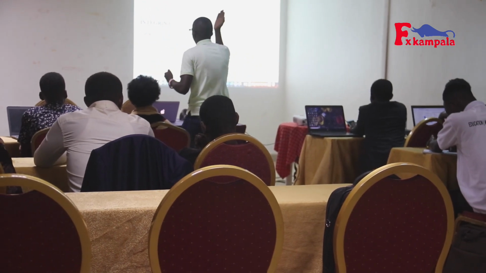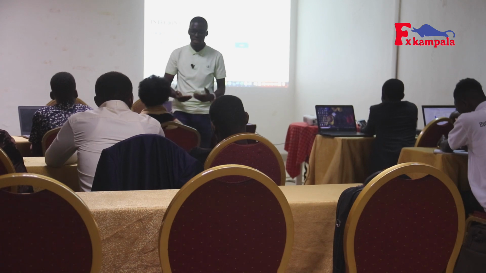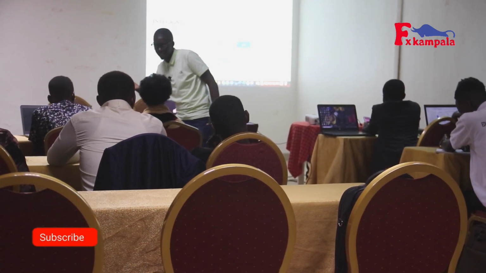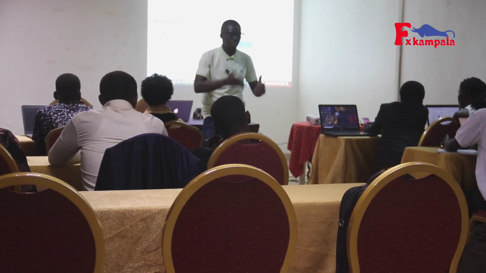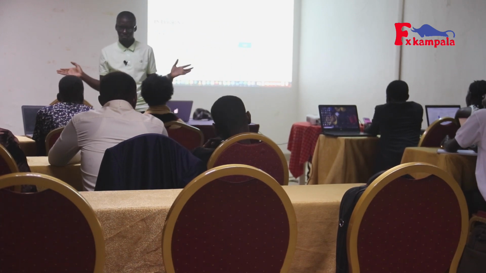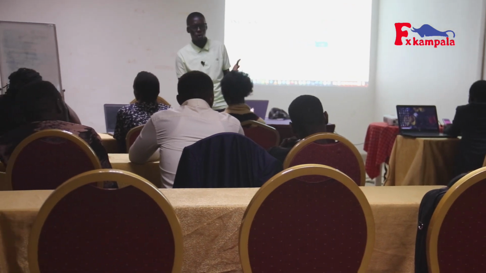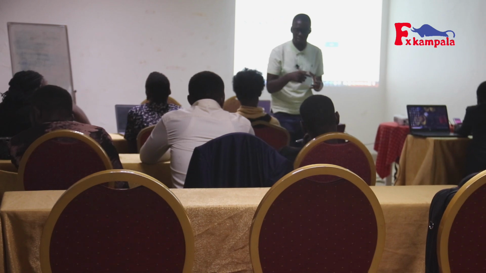Sometimes it's separated by a stroke. So you can call it USD stroke UGX, or just USD UGX, or US dollar versus Uganda shillings. Whatever way you pronounce it is right. So when we are trading, we trade in currency pairs.